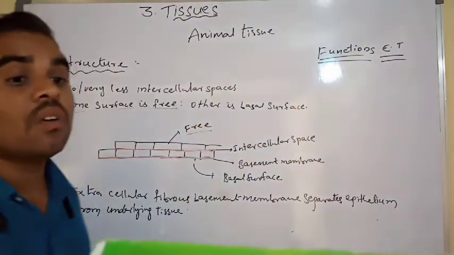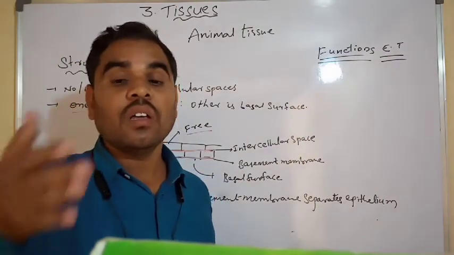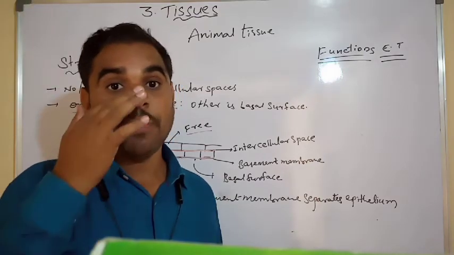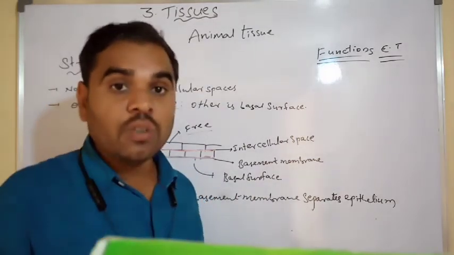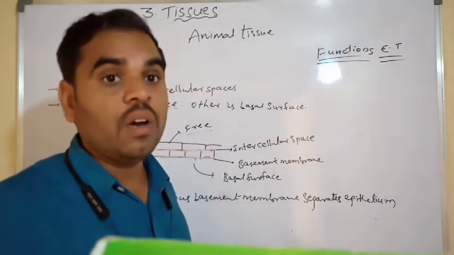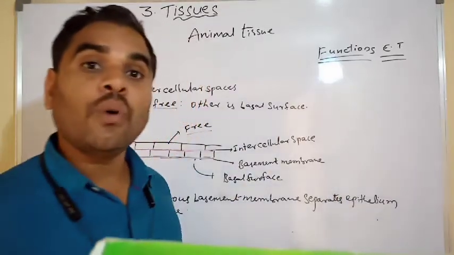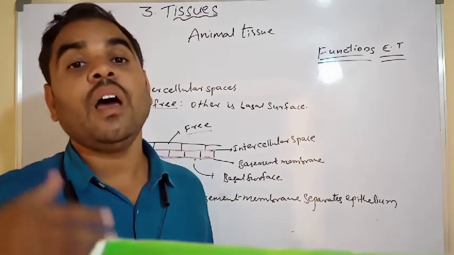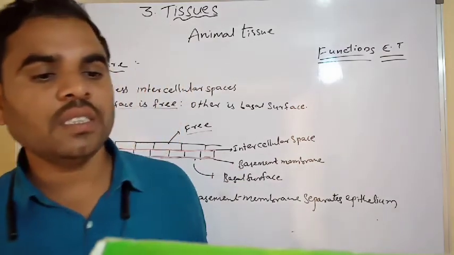Through the skin the sweat comes out, sebaceous glands are active, and waste material is removed from our body. Some gases also pass to our body cells. We feel comfort, we feel discomfort. So many functions are there.